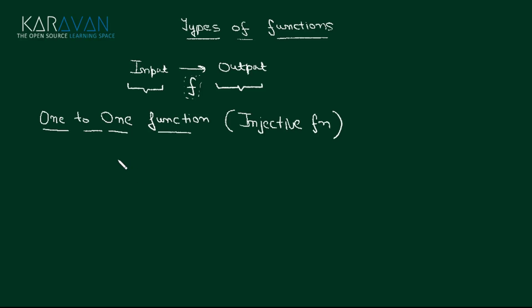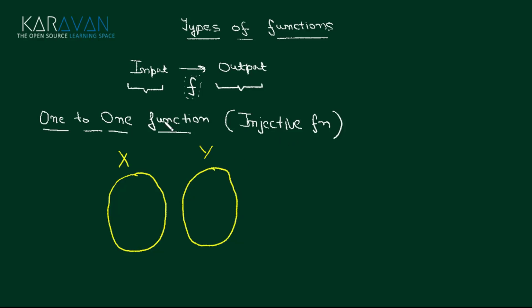Let's suppose you have two sets, set X and set Y. If a function is injective, or a one-to-one function, then every unique element in set X, let's say X1, X2, X3, links to a unique element in set Y. There is a one-to-one relationship.